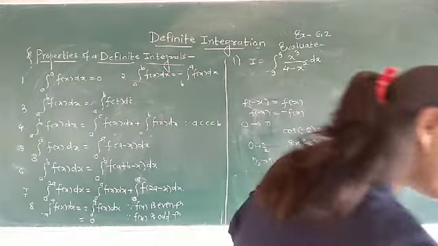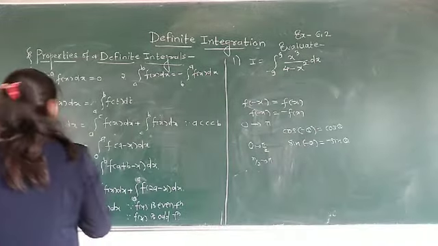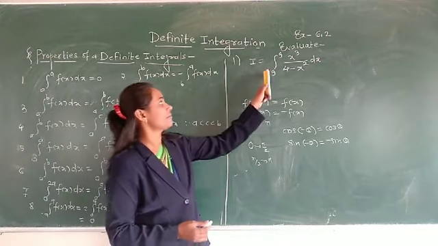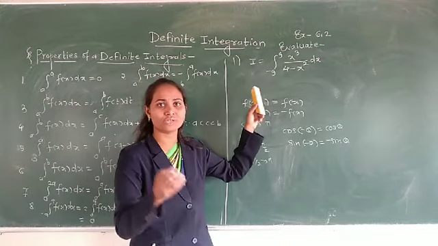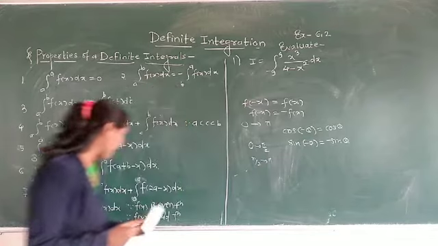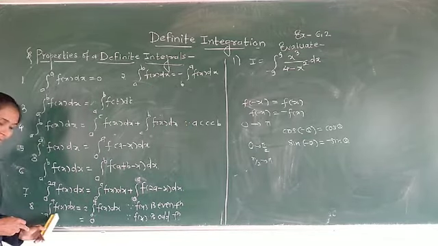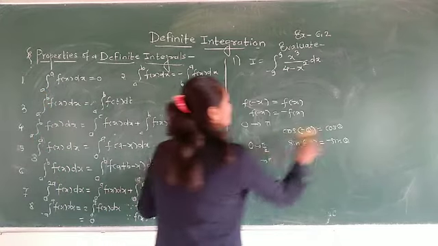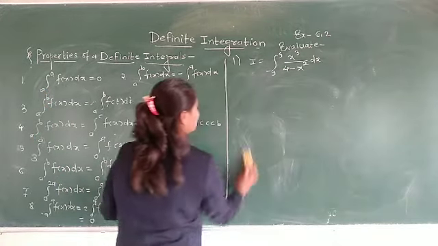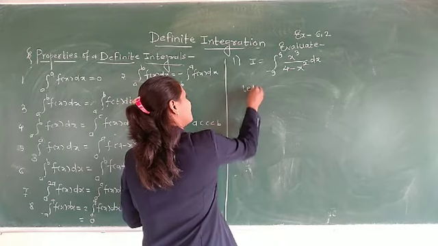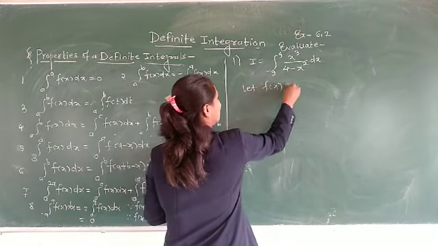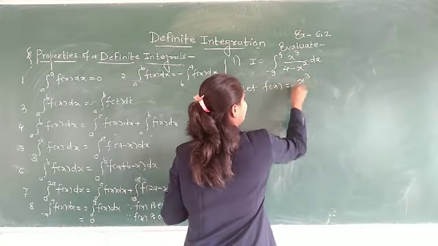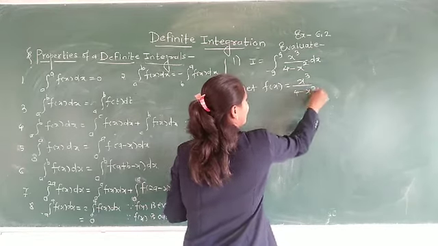First we have to see that the limits are the same but the signs are changed only. So here we are going to use our last property, number 8. If limits are the same but there is a change in sign only, let f of x be our function, x cube upon 4 minus x square.